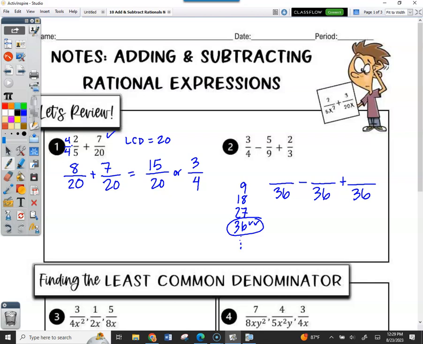So if I need 4 to multiply and become 36, it's going to get multiplied by 9 over 9, which is 27 on top. If I need 9 to become 36 by multiplication, it's going to get multiplied by 4 over 4. There's your 20. And if I need 3 to become 36 by multiplication, it would get multiplied by 12 over 12.